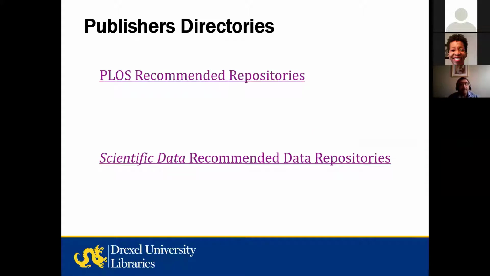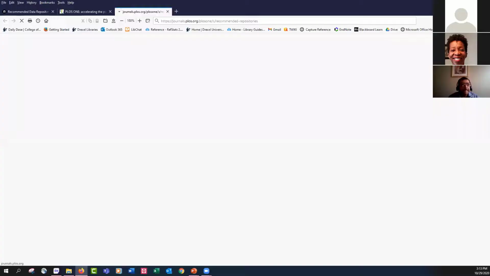Publishers also have directories, and publishers like PLOS have identified a set of established repositories that are trusted and recognized within their respective communities. Let's click on the PLOS link and take a look at their repositories.